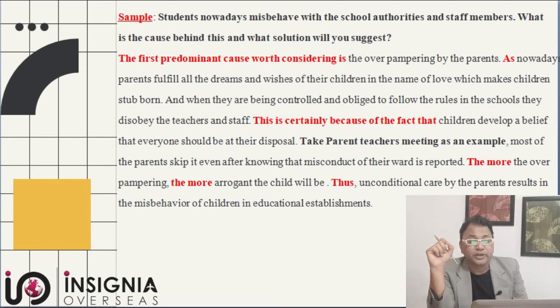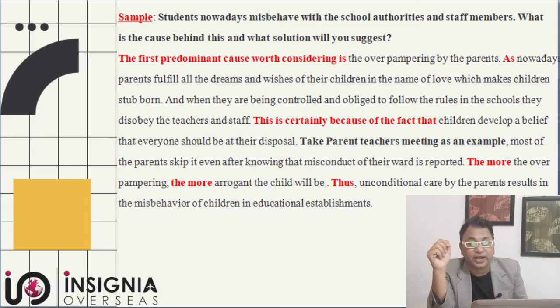The first predominant cause worth considering is the over pampering by the parents. Here I have presented my first idea. Now I start with 3 structures I talked about: as, if, when. So I say, as nowadays parents fulfill all the demands and wishes of their children in the name of love, which makes children stubborn and arrogant.